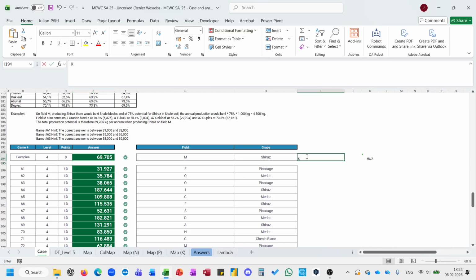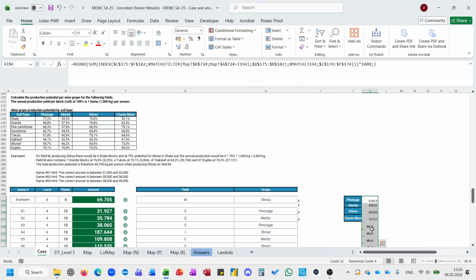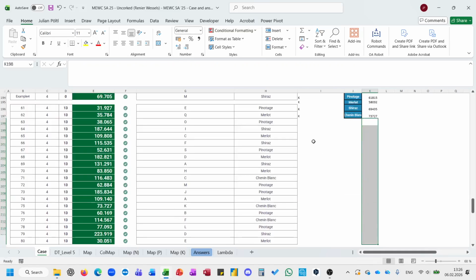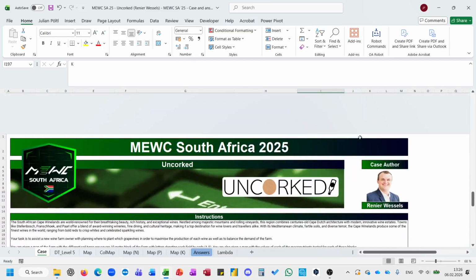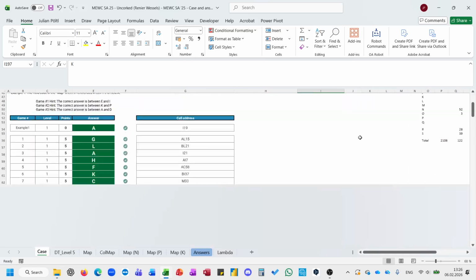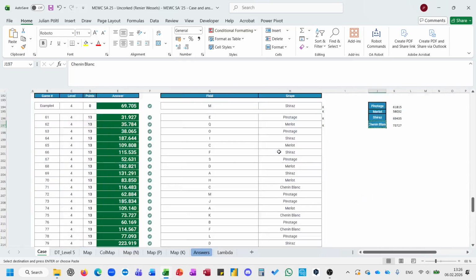As of now, there's nothing in there, but we have like 4, and then we know it's... Wait, what is asked? Which grape? Okay. And it's Chenin Blanc.